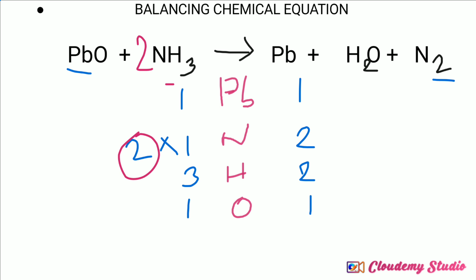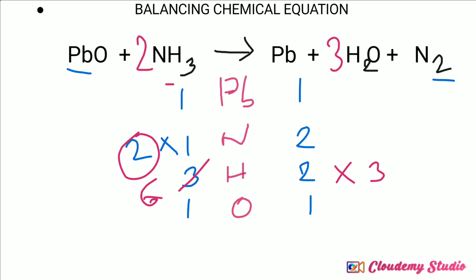So hydrogen turns to 6 at the left hand side. But the hydrogen at the right hand side, how many times are there? Only 2 times. So in order to make it equal, this 2 has to be multiplied by 3. This hydrogen is in water. So the water molecule has to be multiplied by 3.